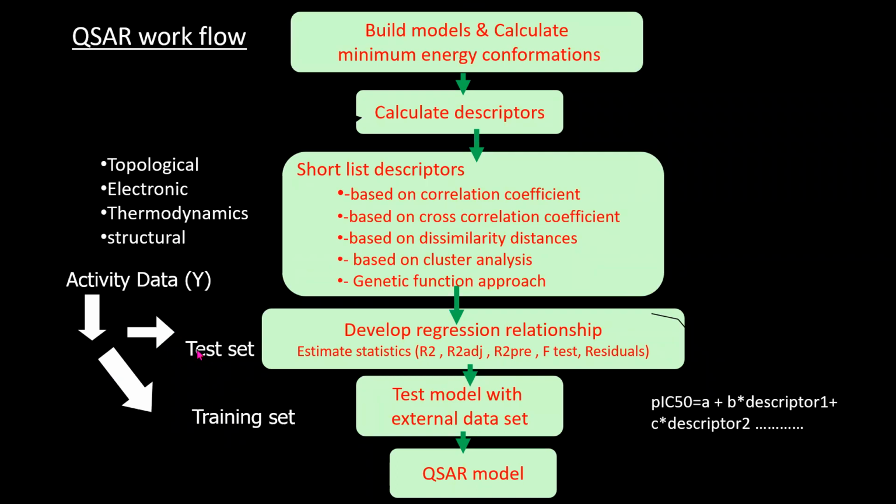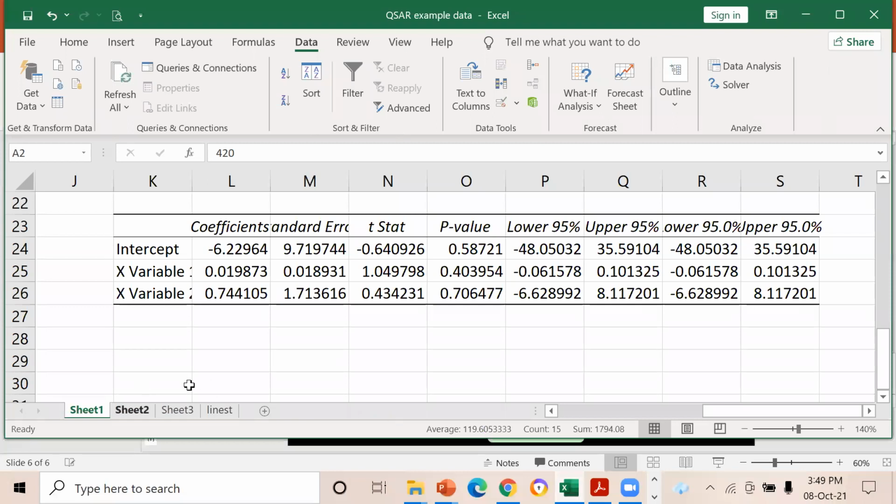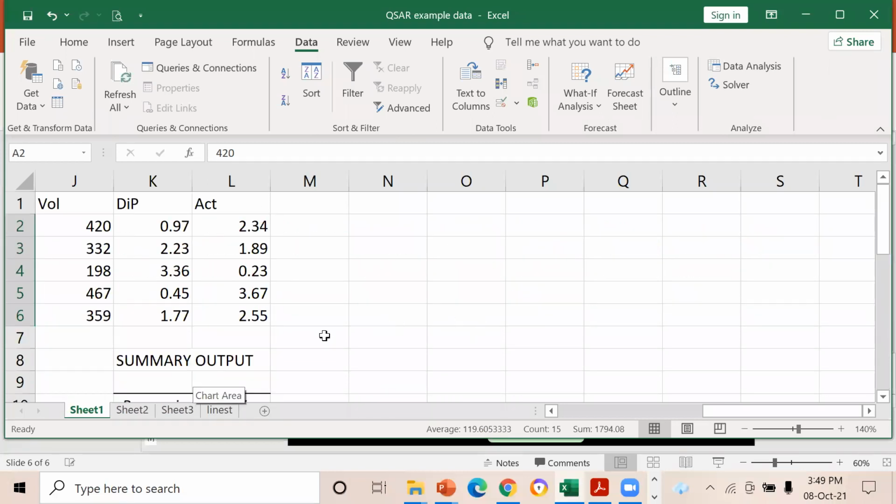So if you go back to your original Excel problem, you should take only 4 points and get an equation. With that equation, try to predict for the 5th point you left out and see how good it is. Okay? So which one to leave out? You may have to try all of them. So that's what I did.